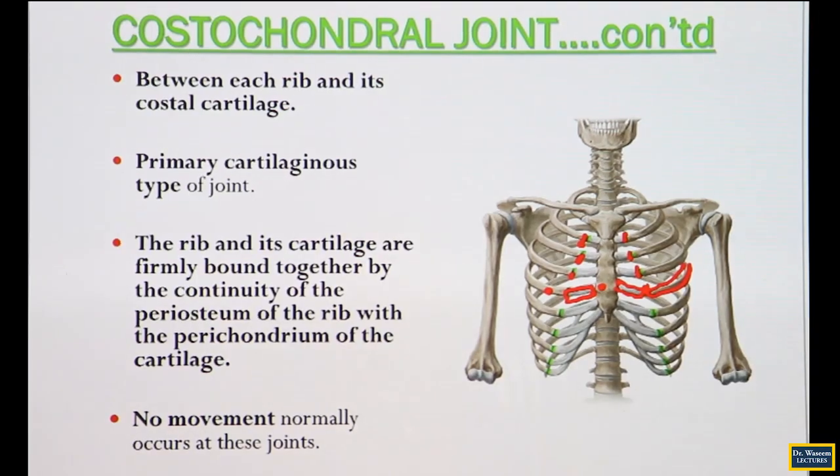When there is a primary cartilaginous joint, hyaline cartilage must be intervening, and this hyaline cartilage sooner or later will get ossified also. After 40 years you will see that the costal cartilages get ossified, and then the ribs will have less movement and become very rigid.